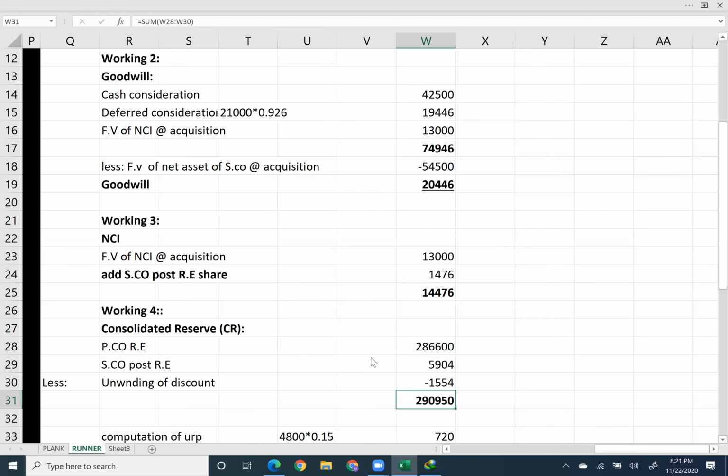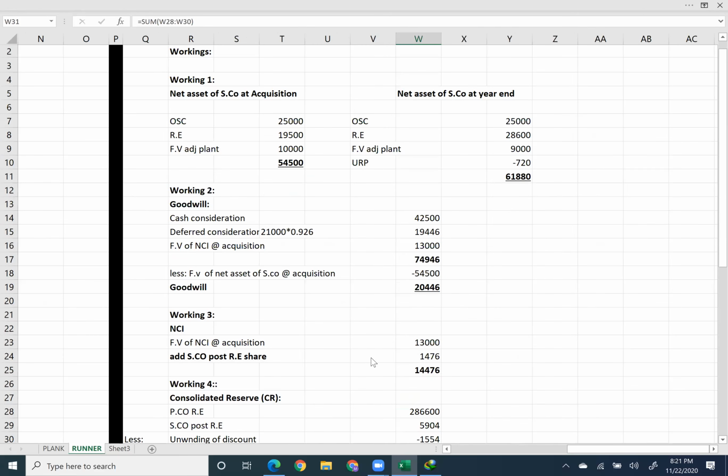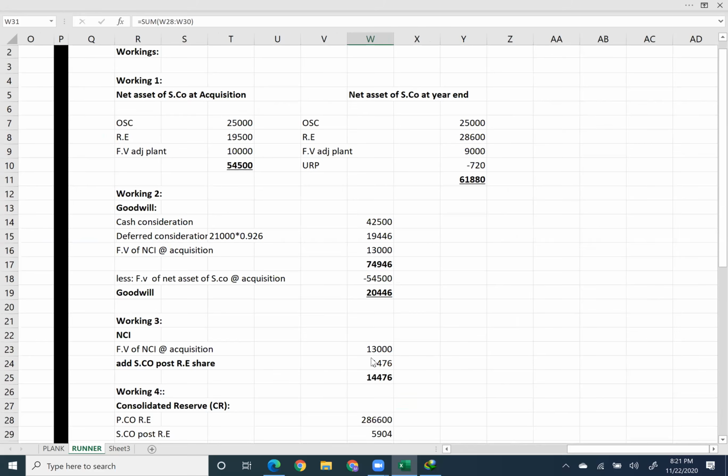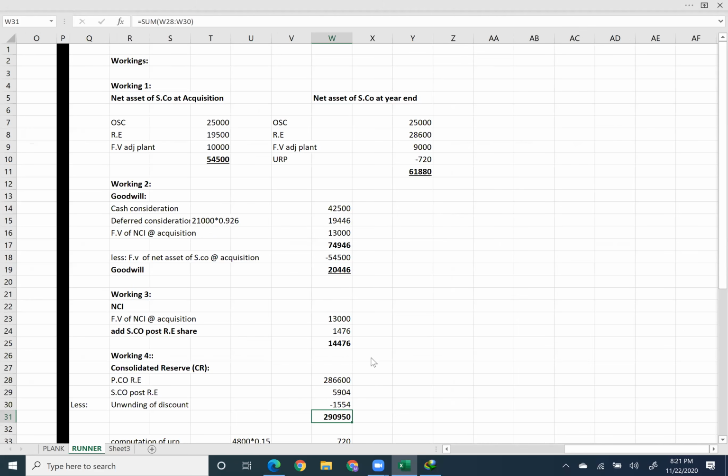You have goodwill, you have fair value NCI, you have consolidated reserve, and you have acquisition date net assets packet as well. And you know, working on Excel and software is not difficult. It's very user friendly. If you do it, it may save your time as well.